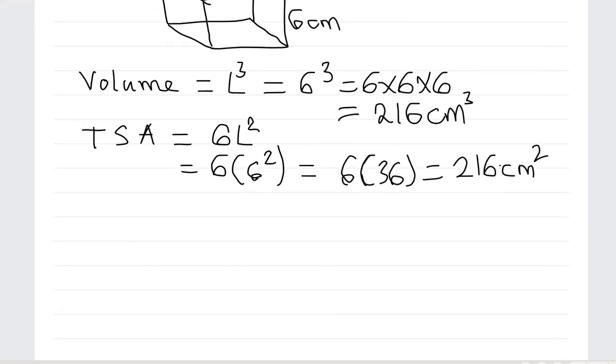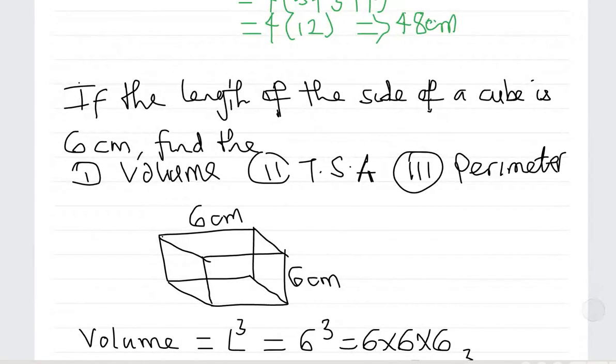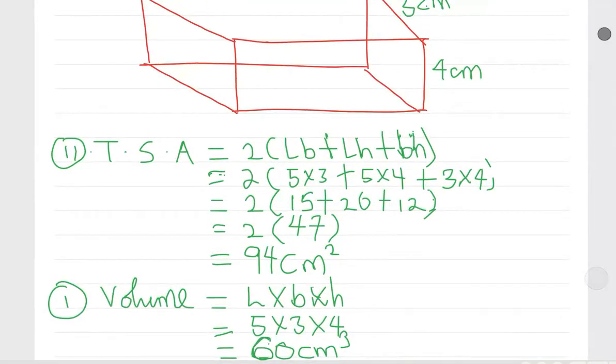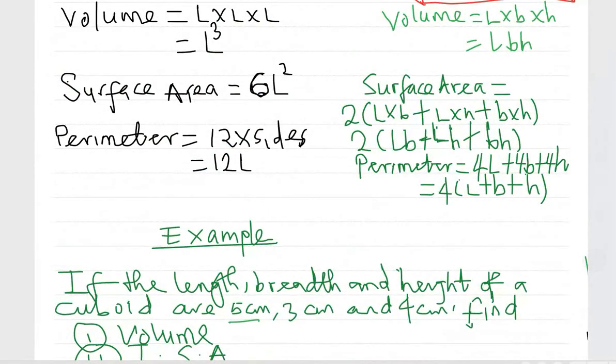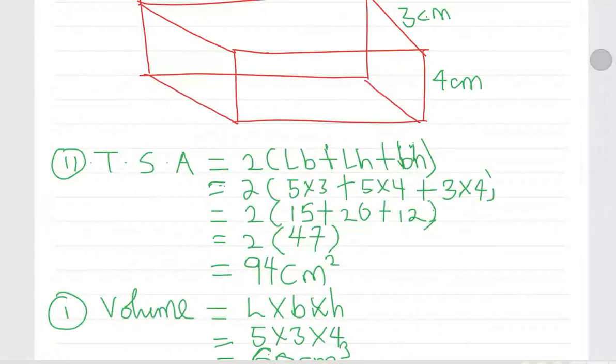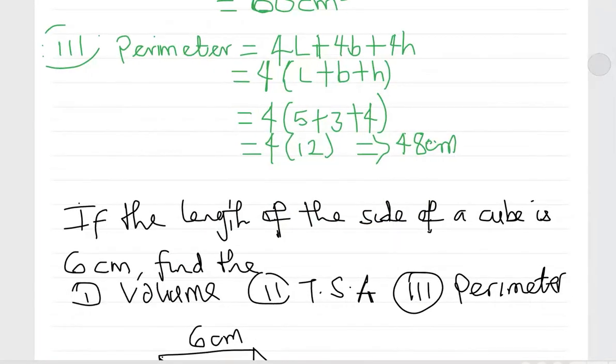And if you want to calculate the perimeter now, what do we call the perimeter of a cube? We say that the formula for perimeter of a cube is 12L. So that's 12 multiplied by 6.